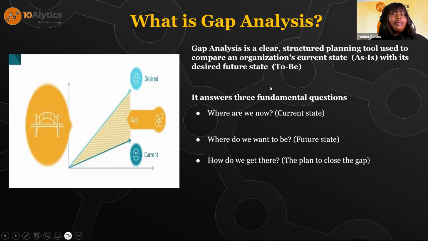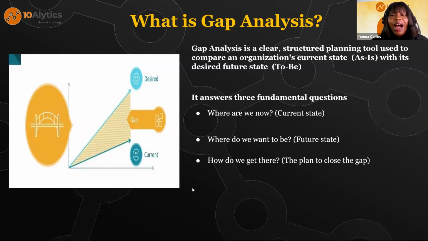Now, gap analysis answers 3 fundamental questions. Number 1 is, where are we? That is your current state. What is the current performance of this organization? The second one is, where do we want to be? This is the future state of the organization.